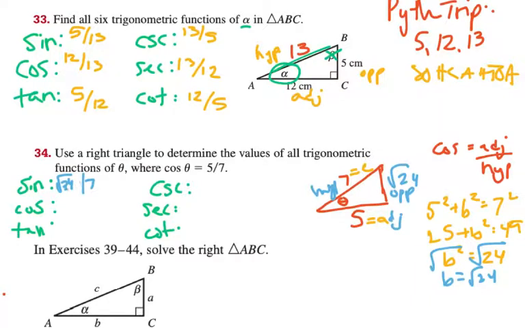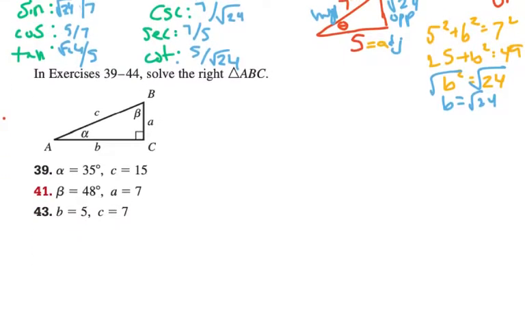Reduced their radical. Alright, so square root of 24 over 7, and then of course the flip for cosecant. Cosine is adjacent over hypotenuse, already had it, and so the flip for secant. Tangent is opposite over adjacent, so square root of 24 over adjacent 5, and then of course the flip for our cotangent.